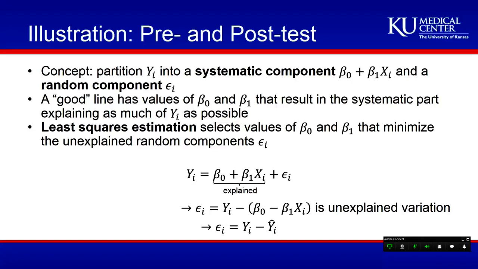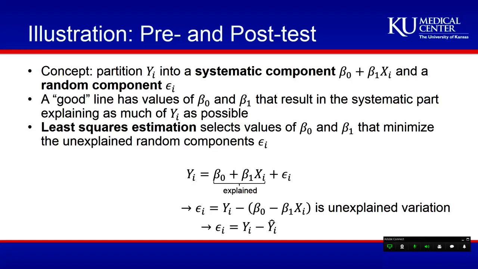So just like in analysis of variance and other methods, the t-test, chi-square, we have some signal and we have noise. The signal is this explained linear relationship, that systematic component that looks like the equation of a line. The unexplained are the deviations of the observed values from that explanation, which we call epsilon sub i.